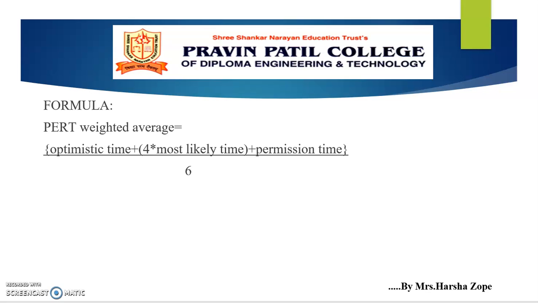The formula is: PERT weighted average equals optimistic time plus 4 into most likely time plus pessimistic time, divided by 6. By using this formula, you can calculate the value of PERT.